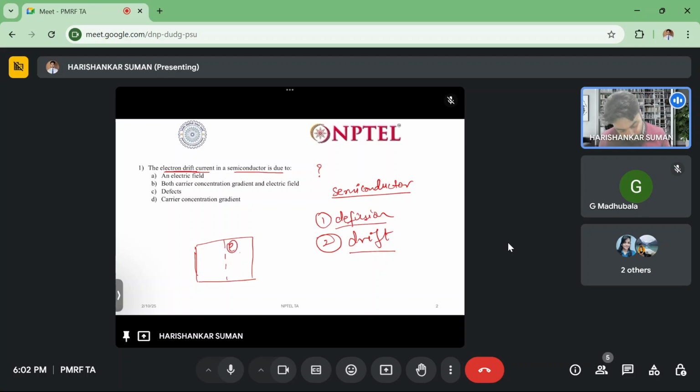Let's say electron, electron, electron, electron, too much electron on this side, and this side has few, so electrons generally diffuse from n side to p side due to concentration gradient.